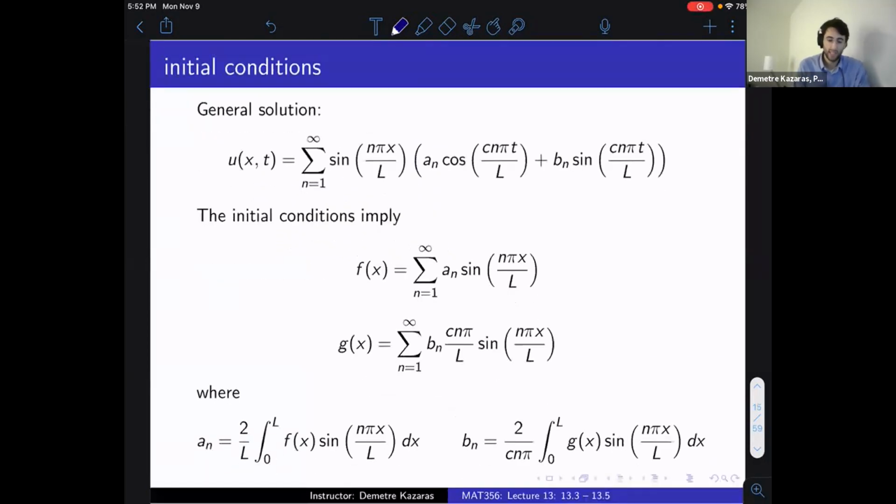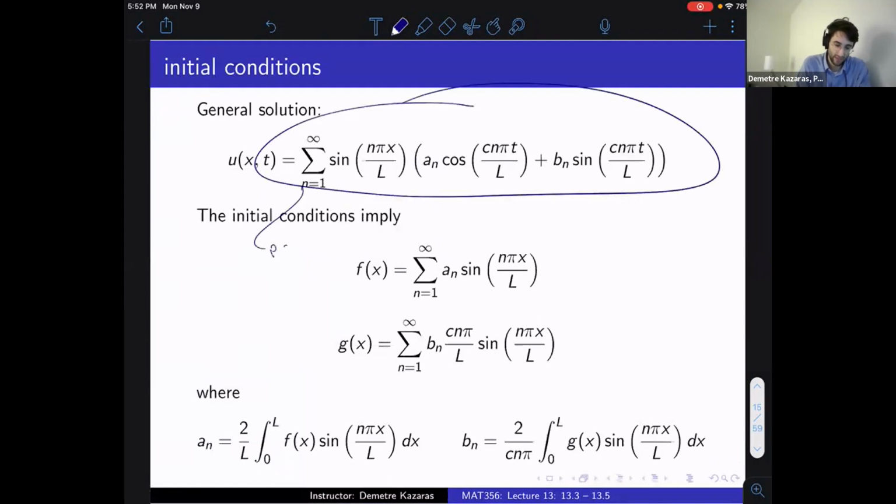If you take this expression for u, and then you plug in t equals 0, what happens? Well, all the sine stuff goes. Yeah, sorry, this should be a cosine. Oh, sorry, I confused myself.